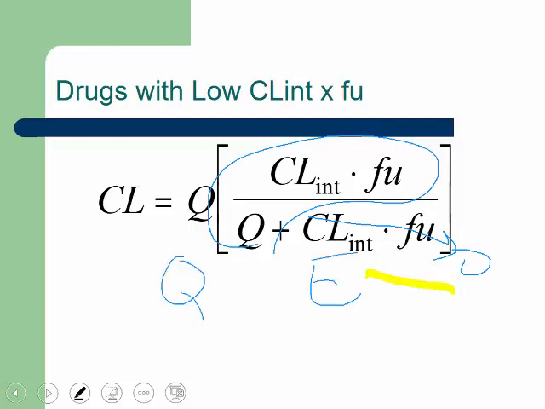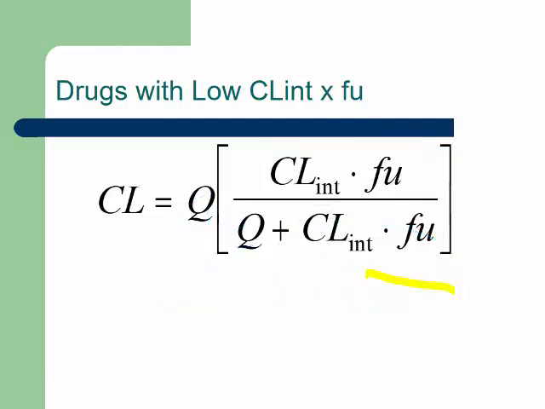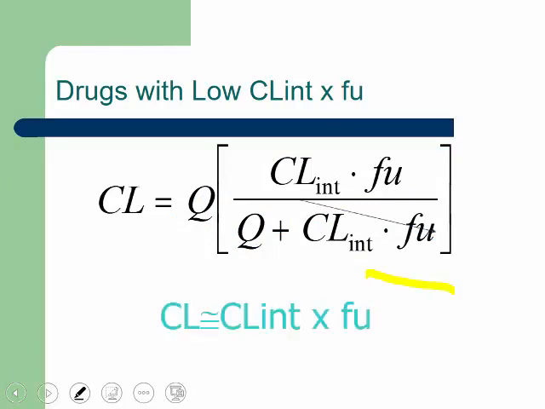And then if we want to know what happens with clearance, it's Q times E. So these Q's will cancel, won't they? And our clearance will be determined by intrinsic clearance and fraction unbound.